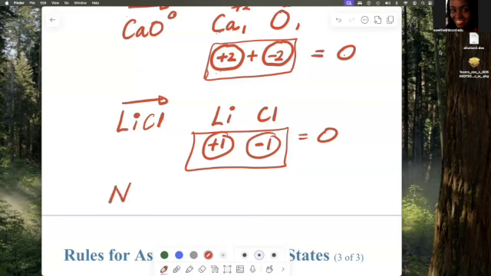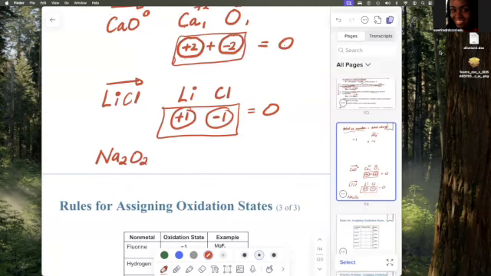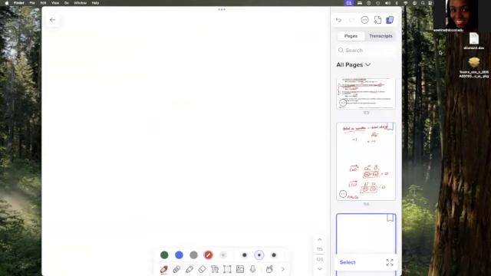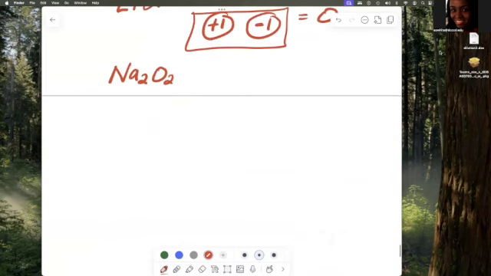If we have Na2O2, I need some space to illustrate the point. This example is going to show you that oxidation numbers aren't necessarily equal to the charges.